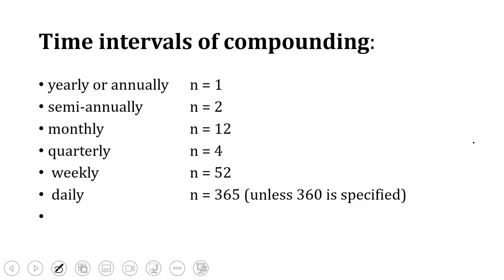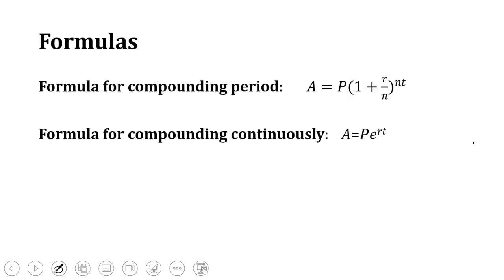If you invest your money with us, we will do the percentage rate every single month, thanking you for letting us use our accounts. Quarterly is 4. Weekly is 52 weeks in a year. And then daily is 365, unless some of the word problems say 360, then you just use that amount.